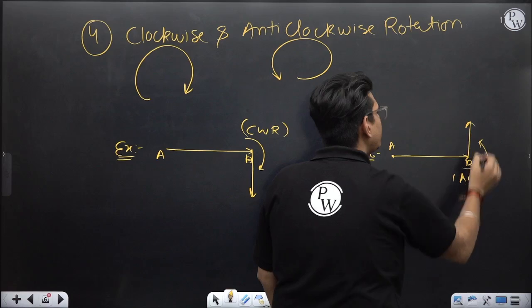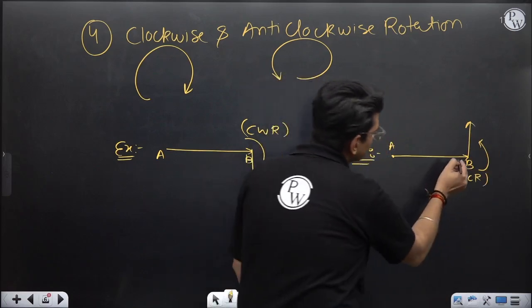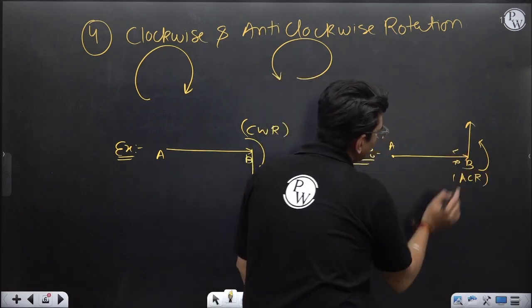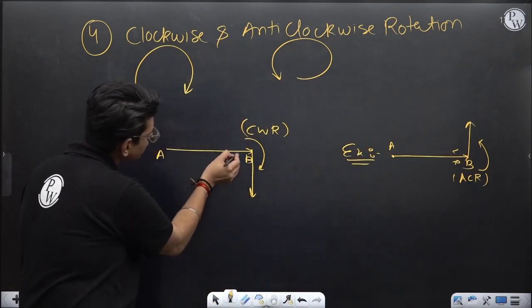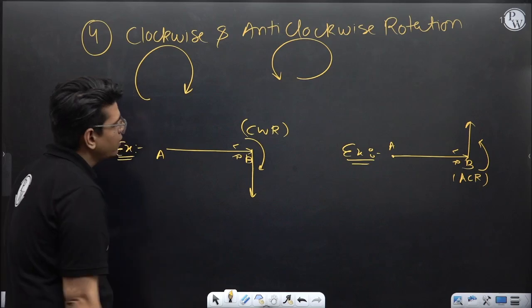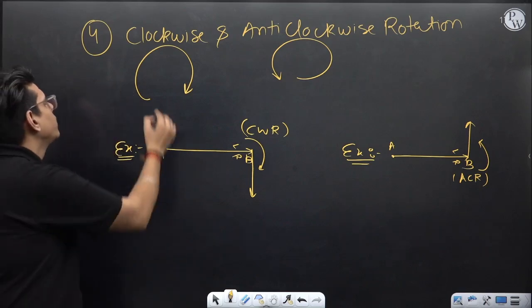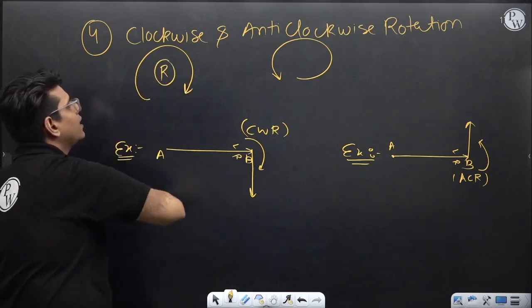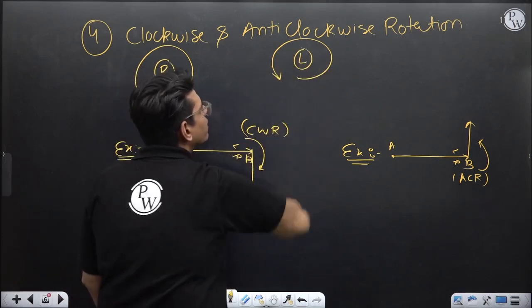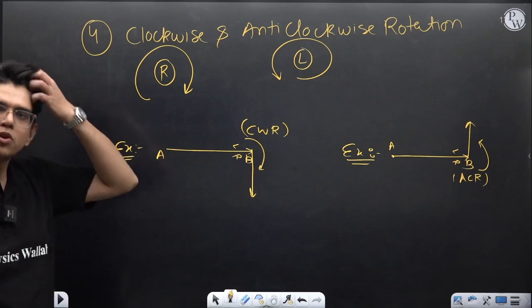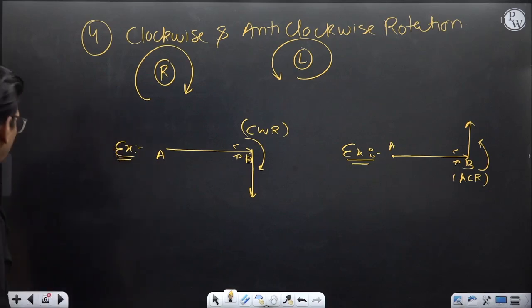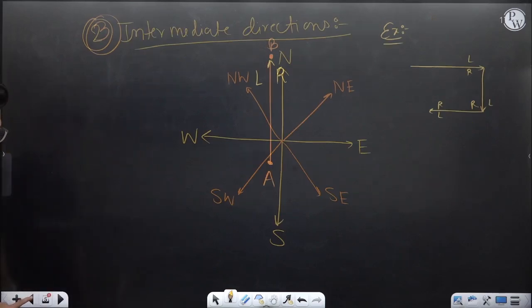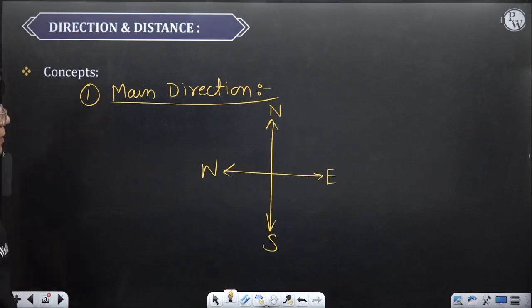So he will go to the left direction, right? This is your right, this is your left. Similarly here also, this was your right, this is his left. So right is nothing but clockwise rotation, left is nothing but anti-clockwise rotation, right? Both are the same.